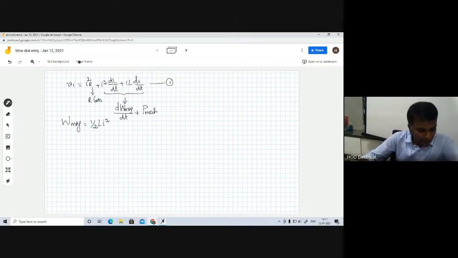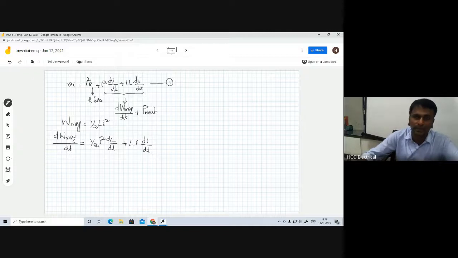Now we have to derive the rate of change of field energy, so dW magnetic field divided by dt is nothing but half I squared into dL divided by dt plus L I into dI divided by dt, since for this analysis we have taken the inductance as constant.